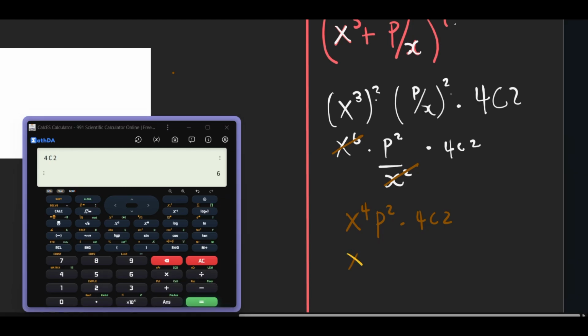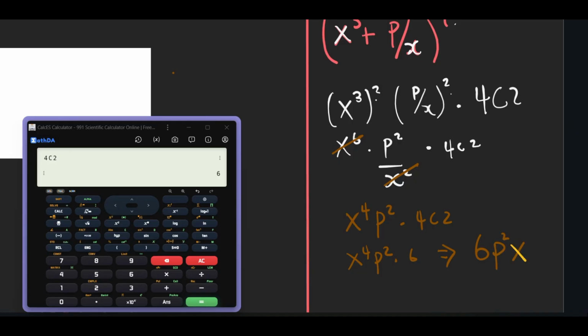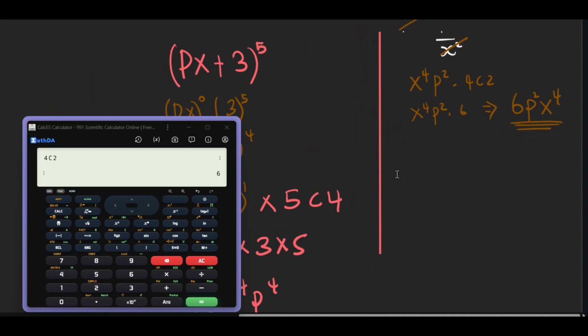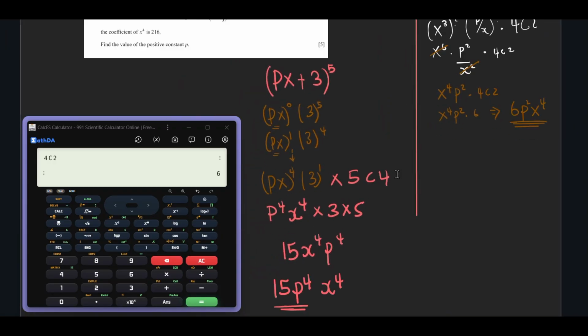So this is x to the power 4, p to the power 2, times 6. So the final thing will be 6p to the power 2, x to the power 4. Now only these two terms will be the terms that carry power 4.